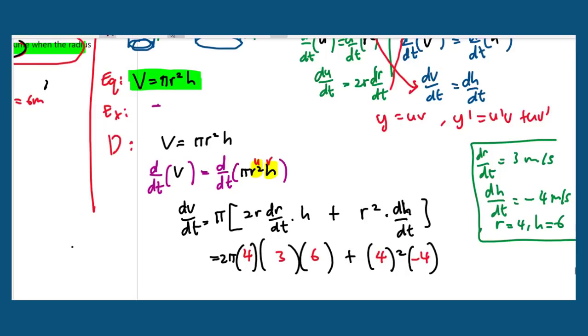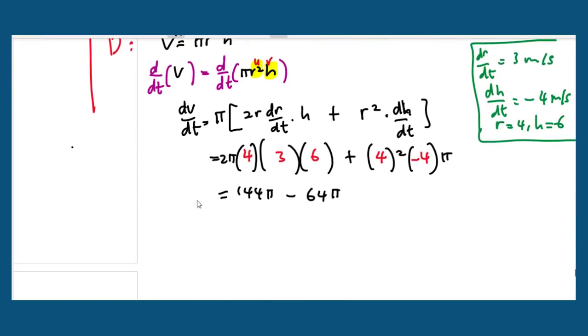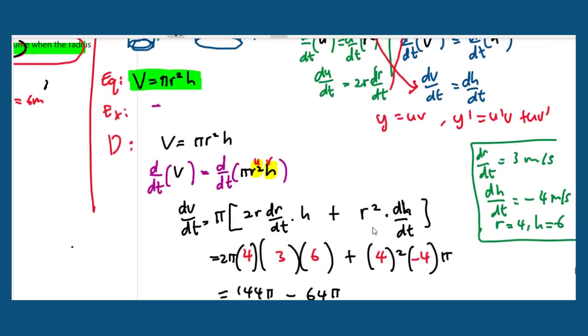Now simplify: 2 times 4 is 8, times 18 is 144 pi, minus 64 pi. Then 144 pi minus 64 pi. The answer is 80 pi meters cubed per second. So check the option.